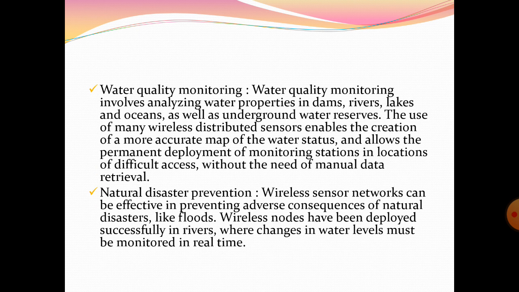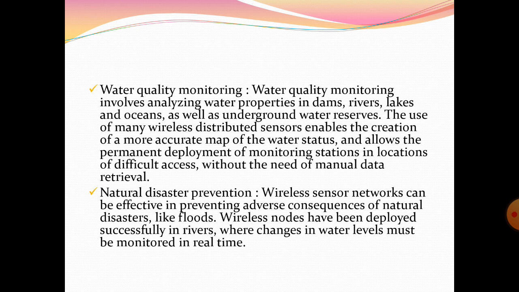Water quality monitoring involves analyzing water properties in dams, rivers, lakes, and oceans, as well as underground water reserves. The use of many wireless distributed sensors enables the creation of a more accurate map of the water status and allows the permanent deployment of monitoring stations in locations of difficult access without the need for manual data retrieval.